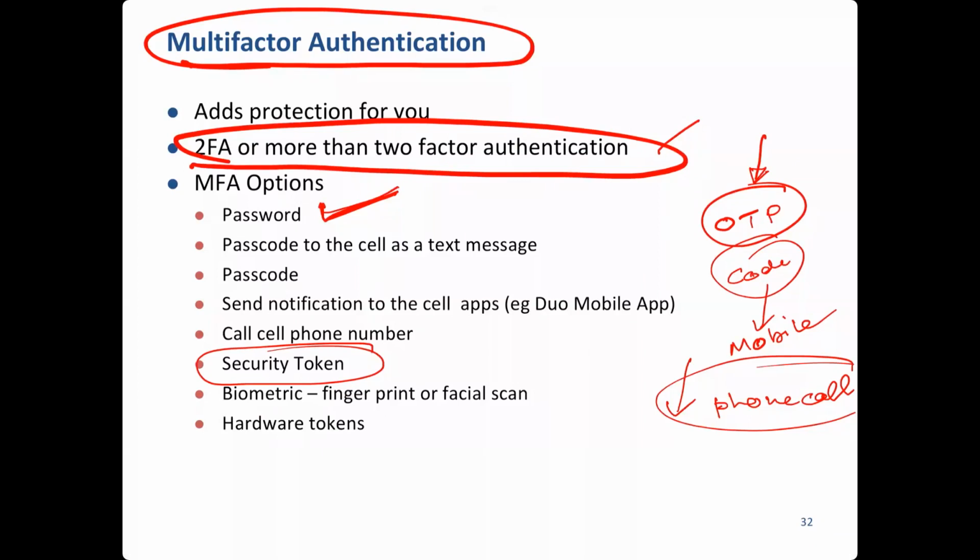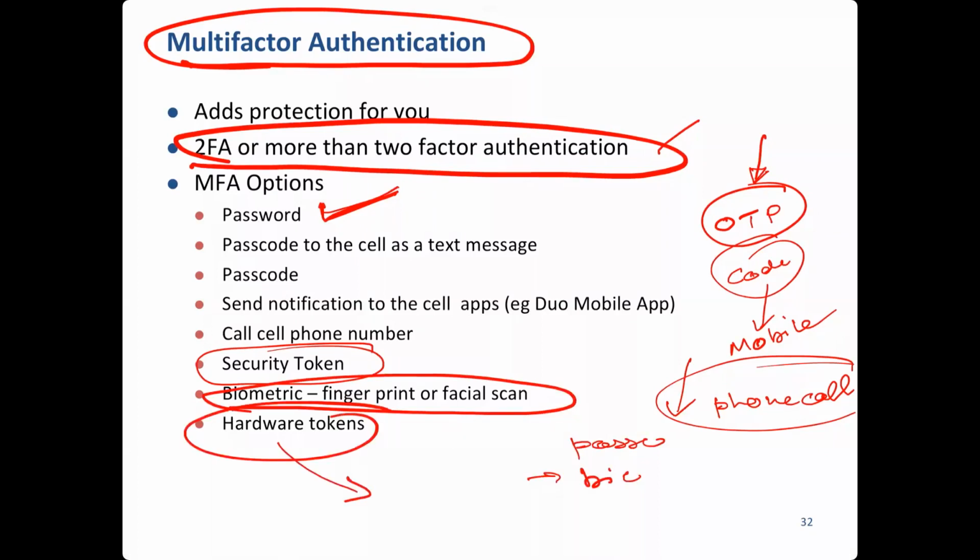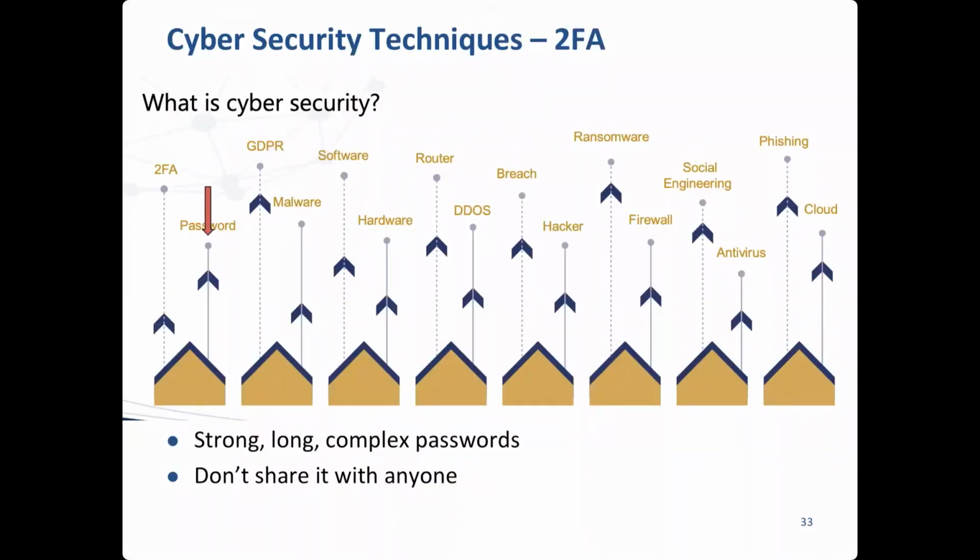Okay, biometric could be one, so there can be a password and biometric. There can also be hardware tokens. You'll see this when you join an organization, they can give you a hardware token, and when you log in, you use the password and also a code displayed there. Okay, now next is password.